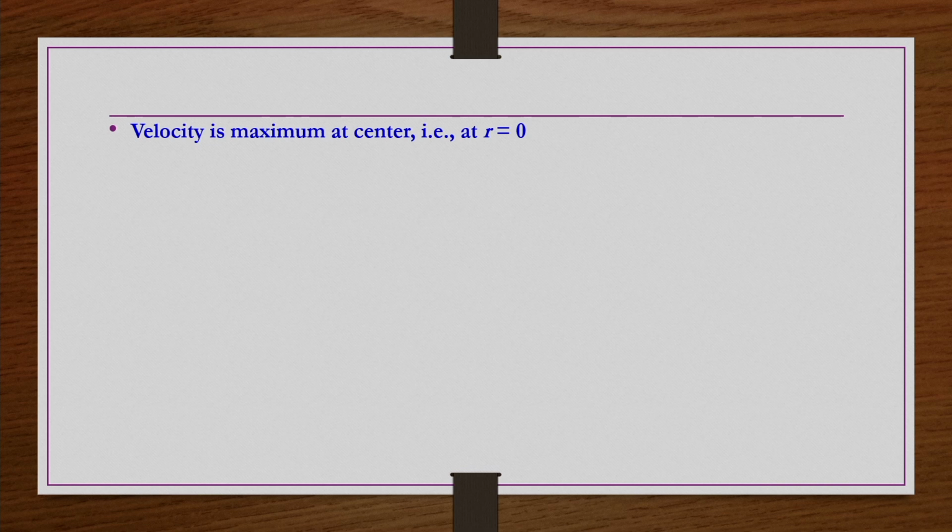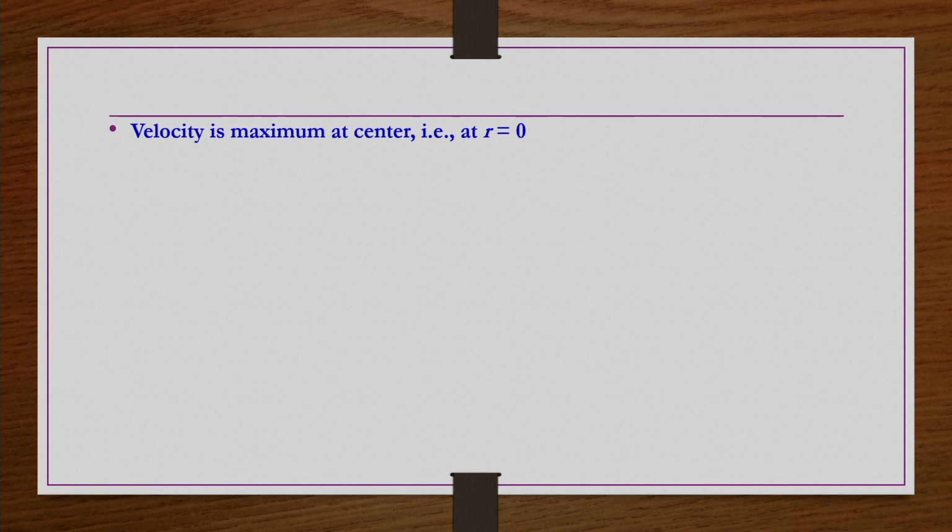If you wanted to find out the maximum velocity, velocity is going to be maximum at the center of the circular pipe that we have taken. So we have to substitute r equals 0 in the velocity profile distribution equation we derived, equation number 8.